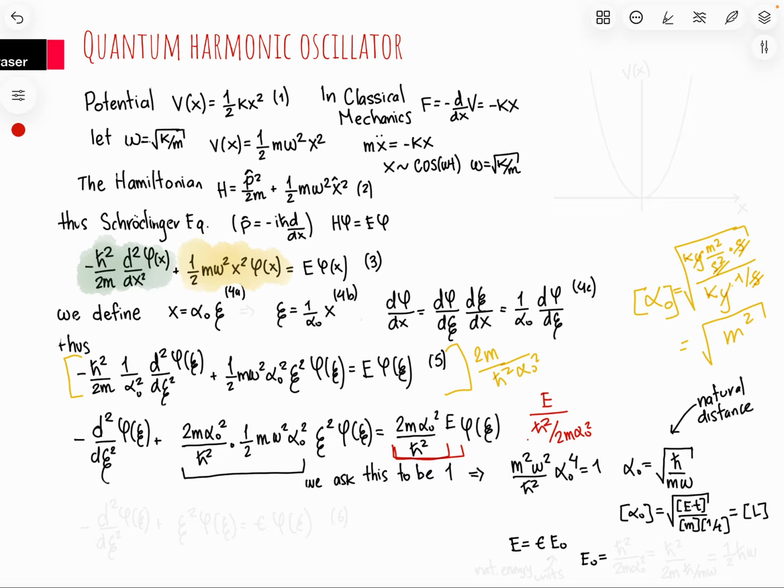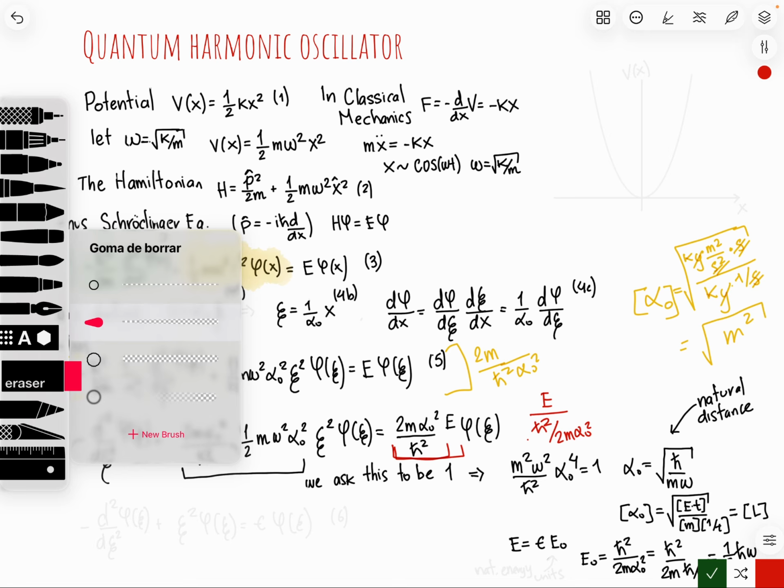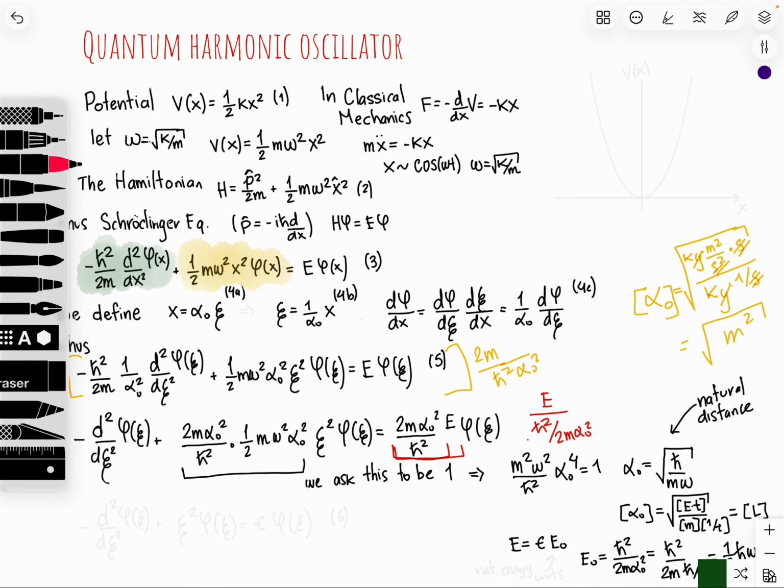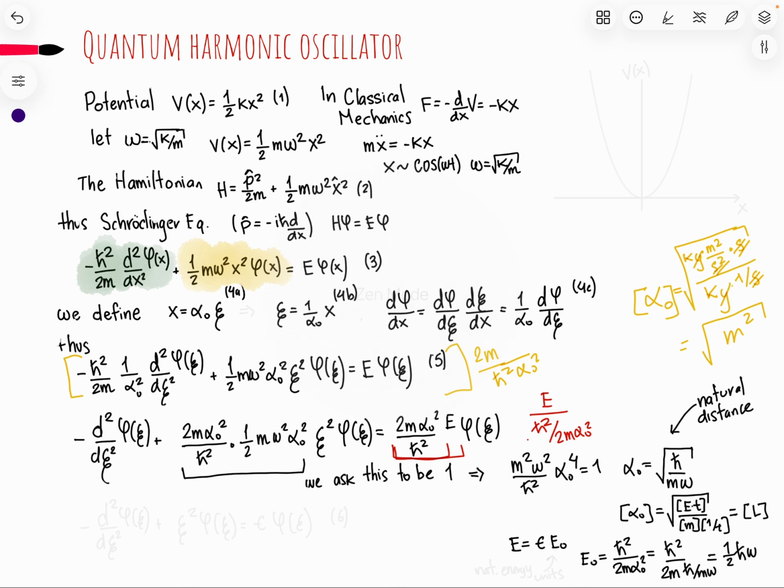E naught has units of energy and is equal to h bar omega over 2, or 1/2 of h bar omega. And so we have natural units. We have found natural units for distance and for the energy. So let me point it out here.